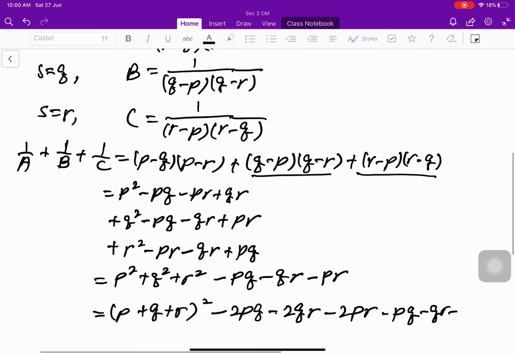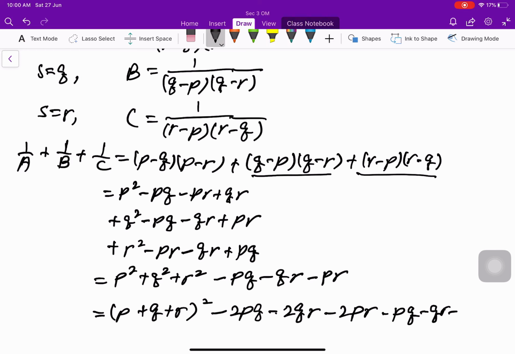Therefore, what you get is really (P plus Q plus R) squared minus 3 times (PQ plus QR plus RP).